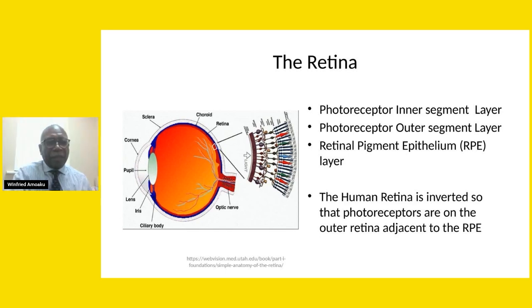So the light enters through the front of the eye and is focused by the lens onto the retina, and the retina transforms these light images into electrical signals, which are transmitted through the optic nerve into the brain. Now, the way God designed the eye, it avoids interference. So the retina is on the innermost part of the eye wall, so that nothing interferes with the light focusing.